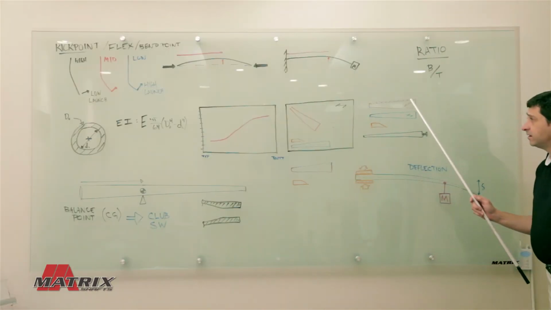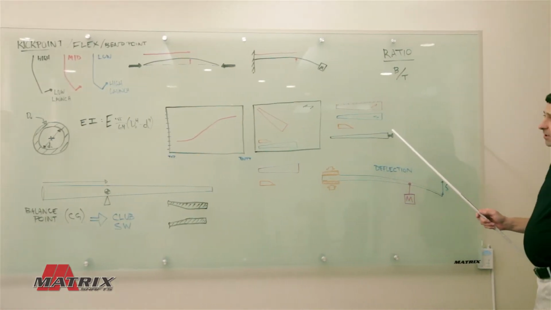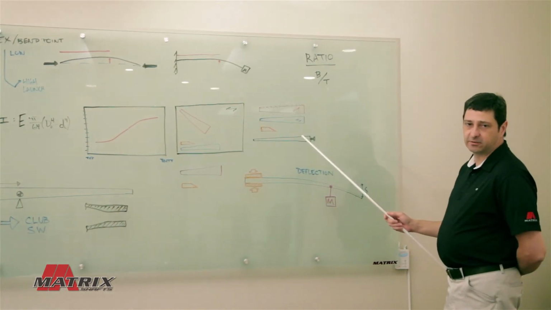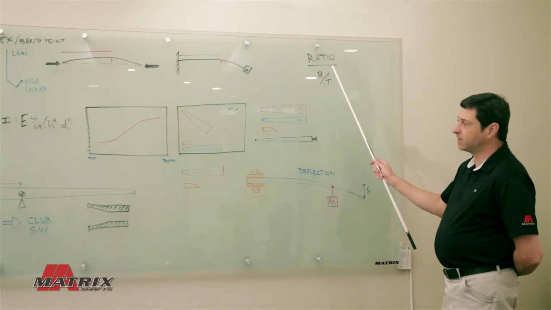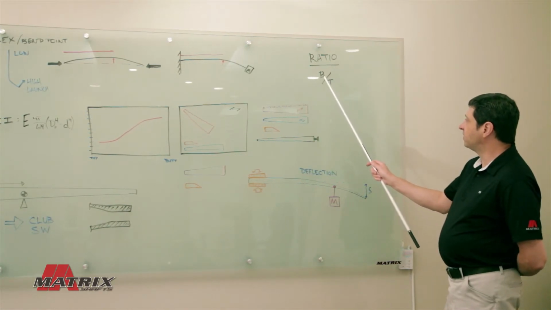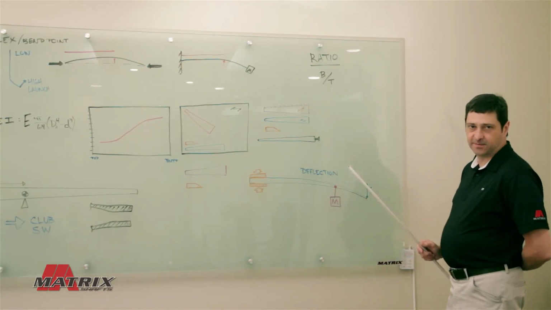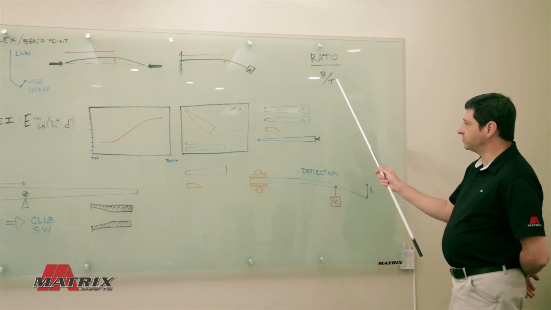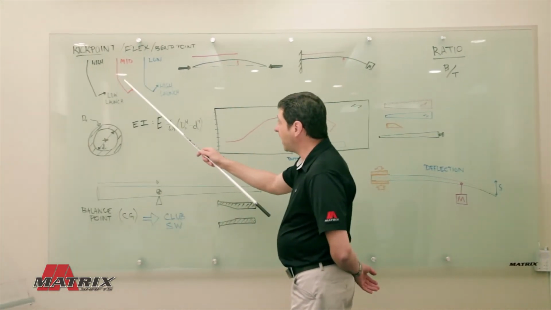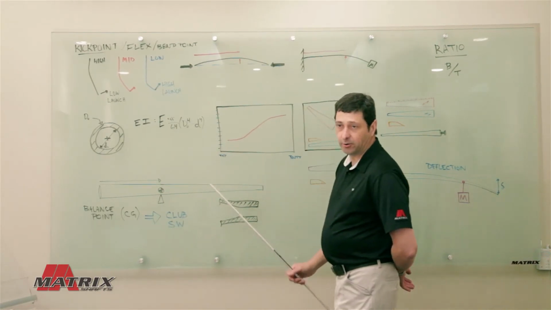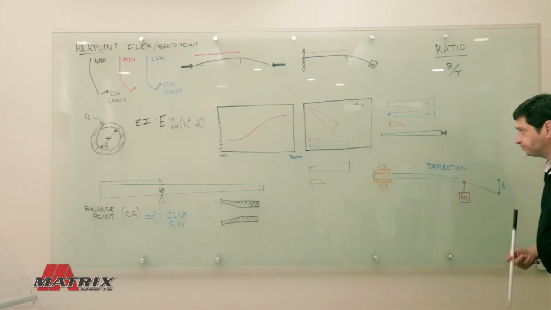The other way to describe something as a high, mid, or low kick point is just to use a ratio of measurement values of butt flex to tip flex. And as that ratio changes, they will use it to describe a high, mid, and low kick point.